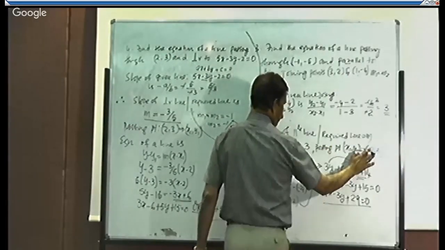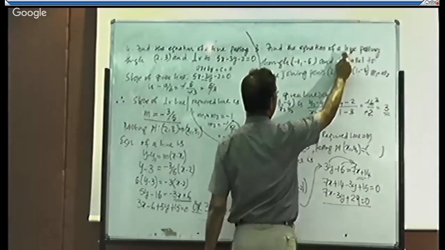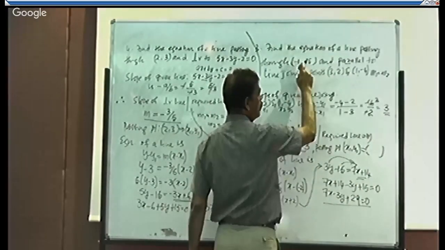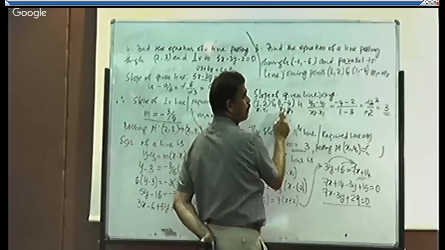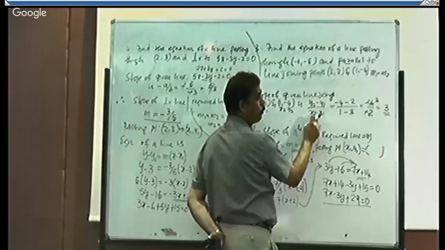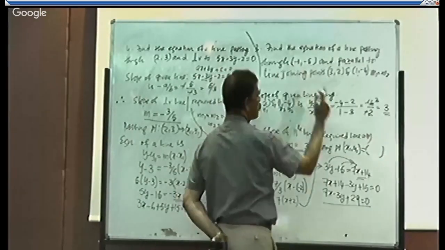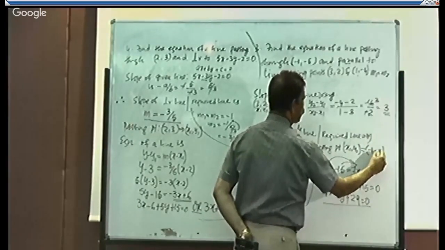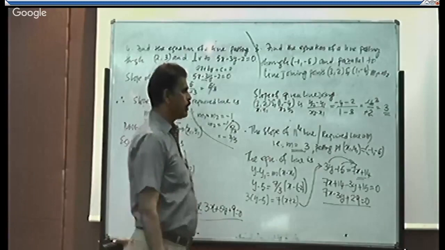Passing point. Which is the passing point? See the question. Find the equation of a line passing through. This will be the passing point. Here we have considered x1, y1, x2, y2. This is for finding the slope, not for the passing point. So the passing point is minus 1 comma minus 5.